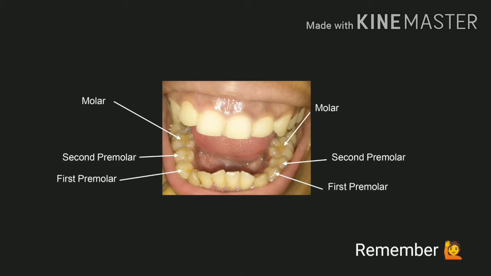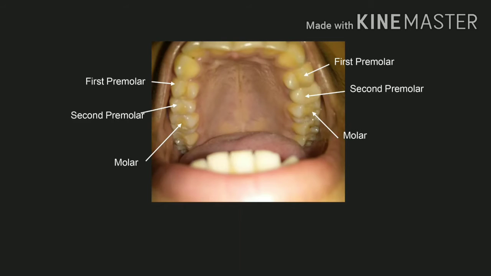Remember, premolar stands for just before molar. If you look closely, premolars are very small, just looking like molars, so that's why they are premolars. And then we have first premolar, second premolar, then first molar, second molar, third molar in adults.